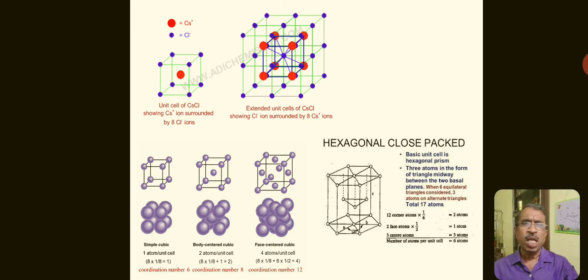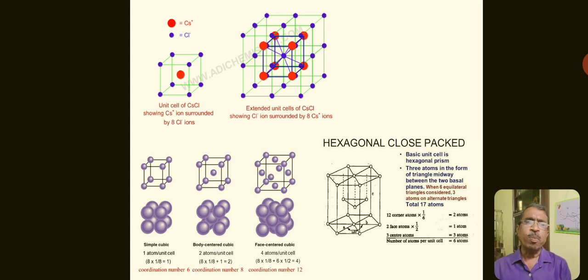So the 8 atoms are there in a cube, and the contribution of the atom in each cube is 1/8. Therefore, 8 into 1/8 is equal to 1. So, in simple cubic lattice, the number of particles in a unit cell is 1.